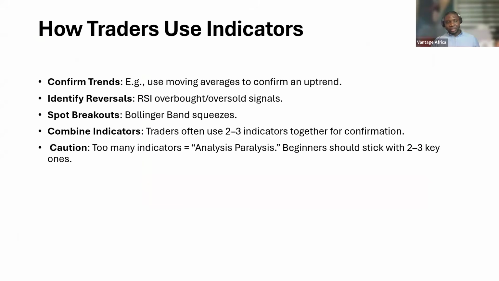See other methods, like I said, this is one of the methods that you can look at trends, not the only method. Now, if you have other methods to look at trends, like maybe you understand market structure, which we'll talk about later. Market structure can help you understand trend movement very well. If you understand market structure or you are beginning to understand it, you can use these indicators to confirm trends.